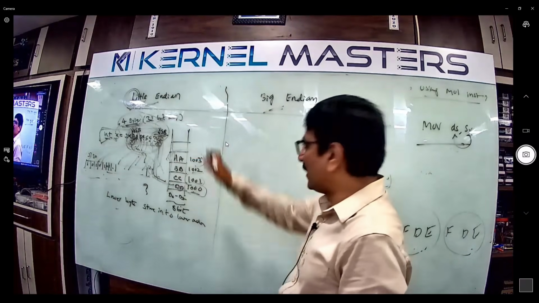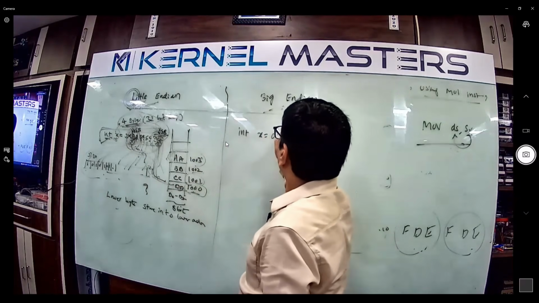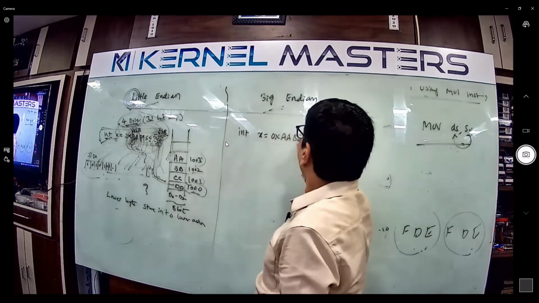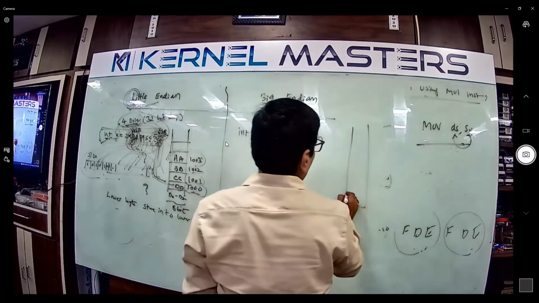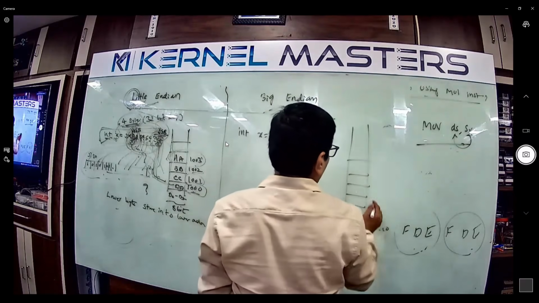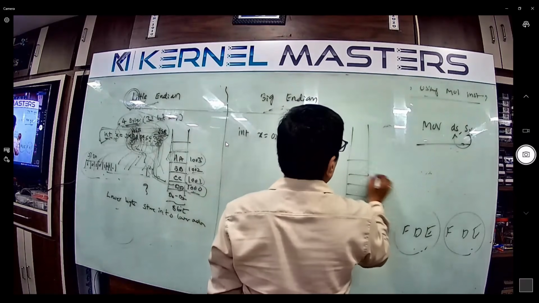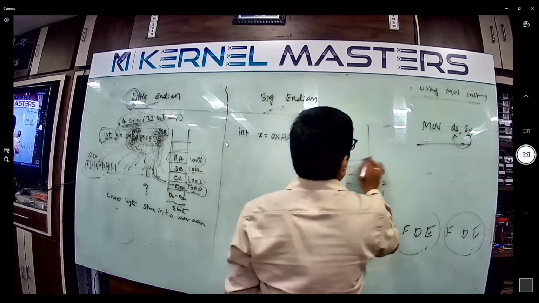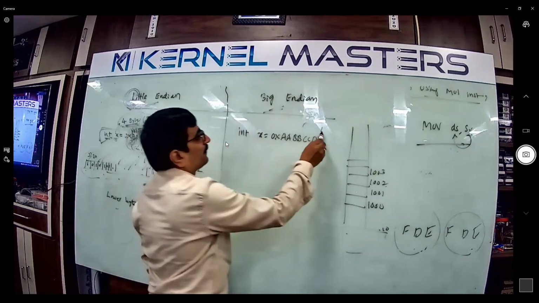In the case of 0xAABBCCDD, if you understand it as Little Endian, is the beginning the same or not? No. It begins with the reverse operation. What is the reverse?